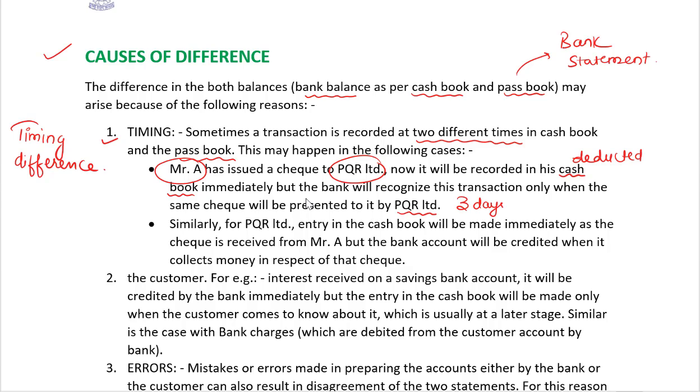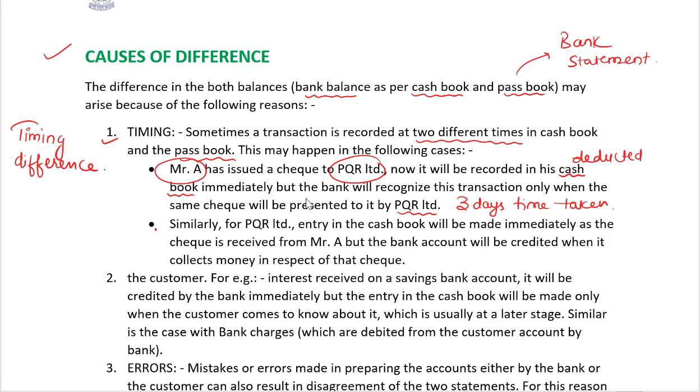Supposing 3 days are taken, and in between these 3 days the BRS has been prepared. In that case, in the BRS there will be a difference of the particular amount, say for example 10,000, between the cash book and the bank statement, that is the passbook.